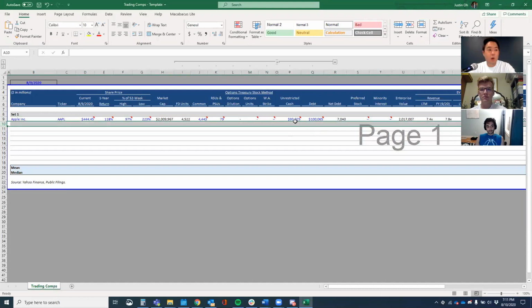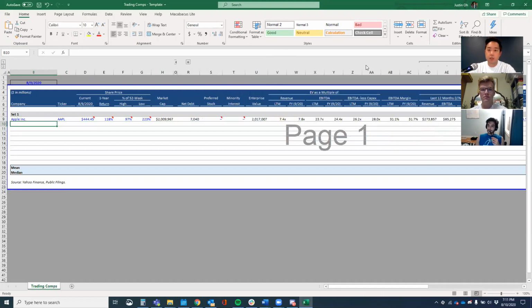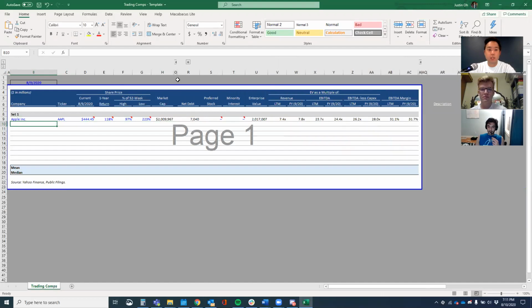So Alphabet. For those of you watching after the fact, what trading comps are is a set of related companies that you spread next to each other. So this example would be the big FANG stocks. So you go Alphabet Inc., maybe Facebook.